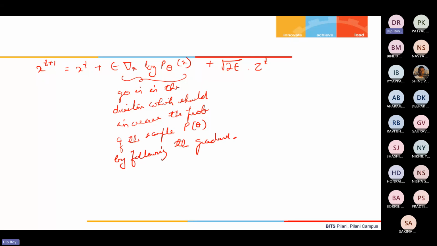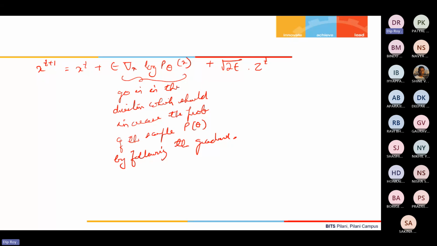Okay, so go in the direction which would increase the probability of the sample p theta by following the gradient, obviously the gradient with respect to x. And this epsilon that you see here is basically the step size.